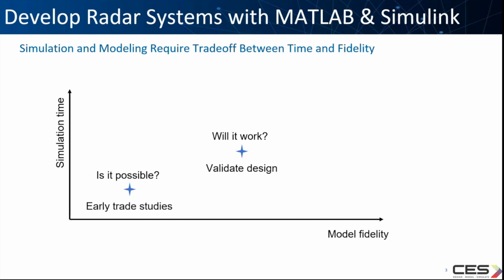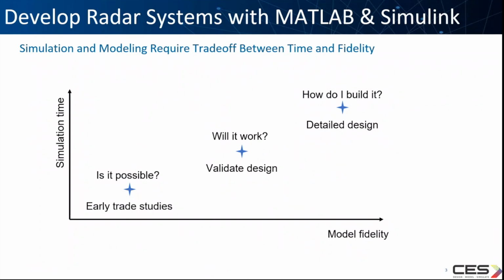Moving further, you would like to have a more detailed design and understand if it will work in reality or not. Here we are talking about the measurement level. You generate some detections and you try your tracking algorithms on those detections. Then, including the impairments coming from the antenna and the RF circuits will help you get a more detailed design that mimics your radar system.